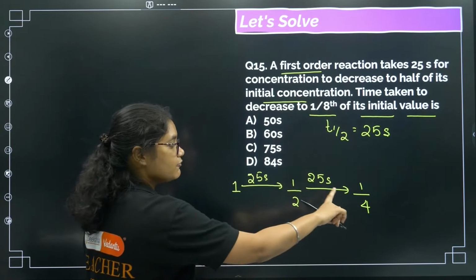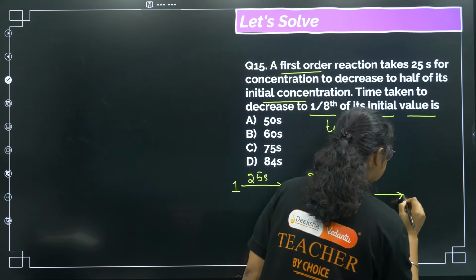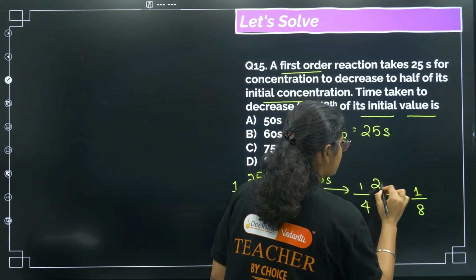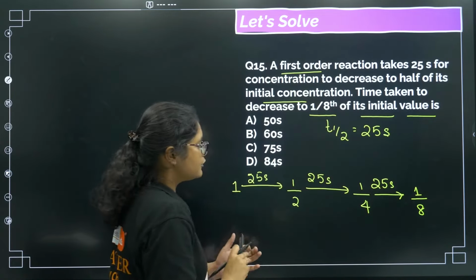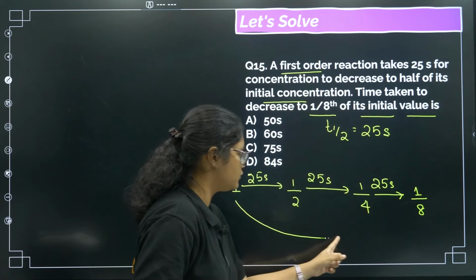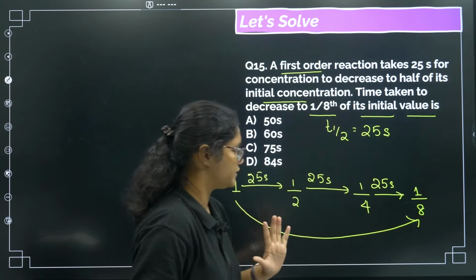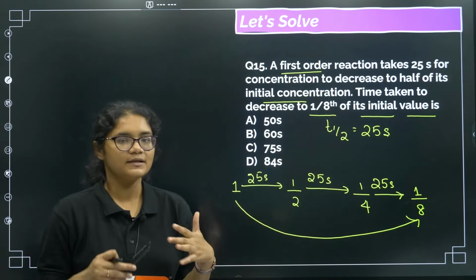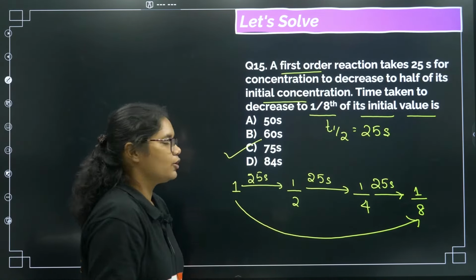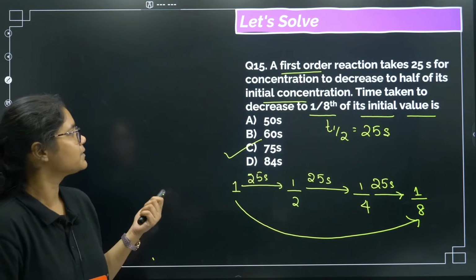Now from 1/4 to 1/8, again to become half of this one, it will take 25 seconds. So now you see how much we have done: 25, 25, 25. To convert from 1 to 1/8 of the initial concentration, how much time has been taken? 75 seconds, right? So the correct answer for this question will be option number C, okay.